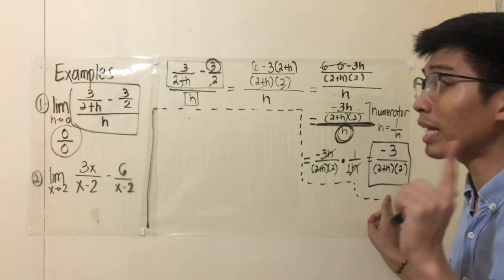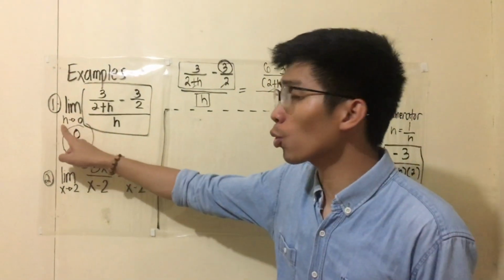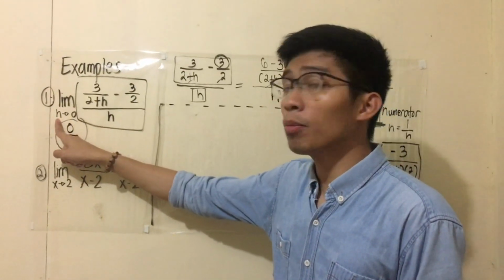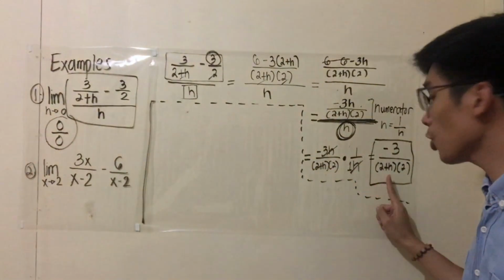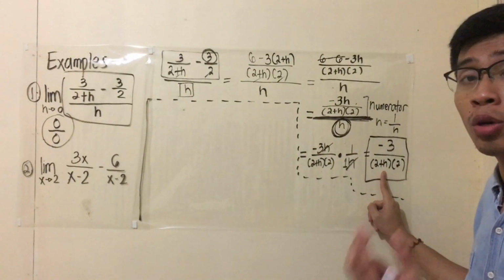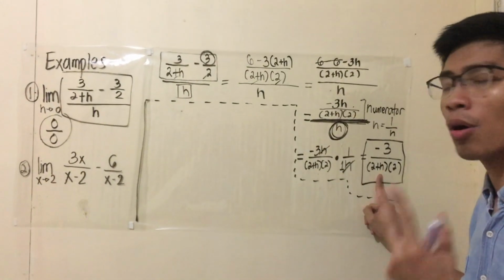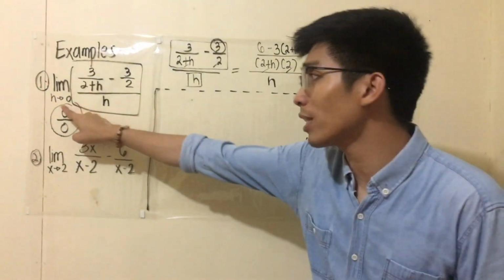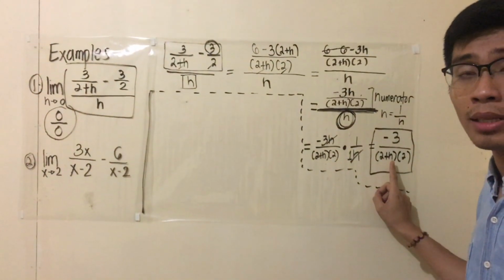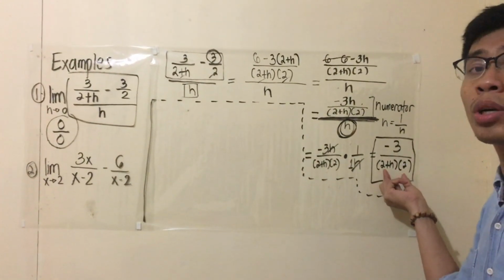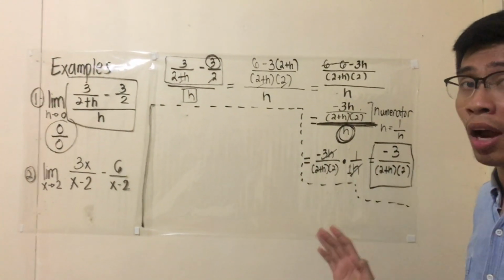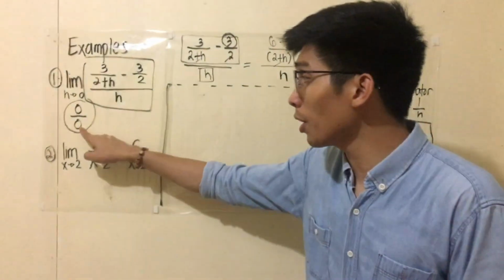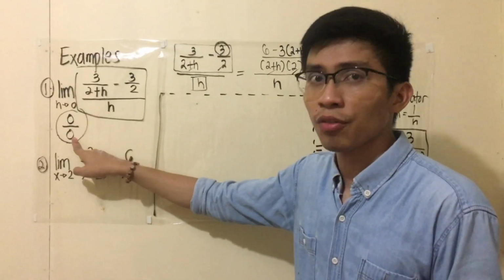How are you going to know that the limit exists? Once you substitute where your variable approaches, in this example, our variable approaches 0. Once we use the direct substitution method in our new form of the function, it will become negative 3 all over 2 plus 0, that is 2 times 2. There, it is very sure that your denominator or the entire fraction is no longer 0 over 0, or no longer in the indeterminate form.